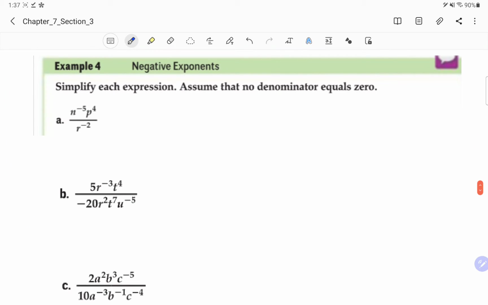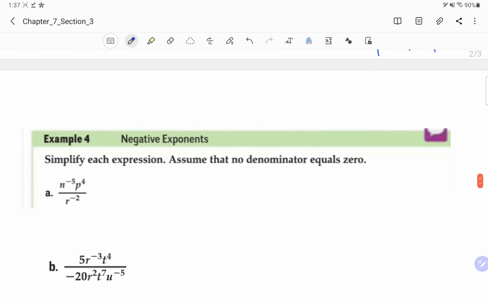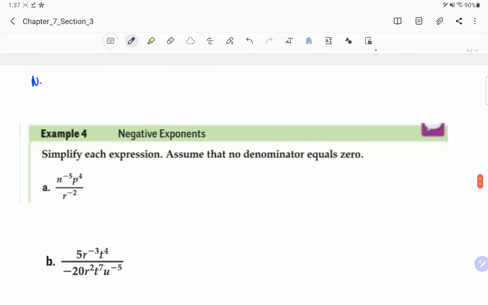And then our last thing we need to talk about are negative exponents. So a negative exponent, basically the best way to describe this means it's in the wrong spot. So it's on the wrong side of a fraction bar.